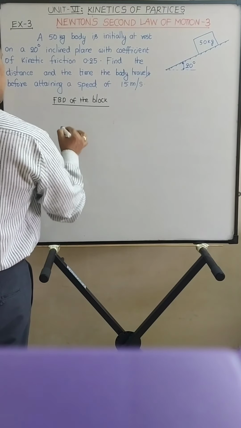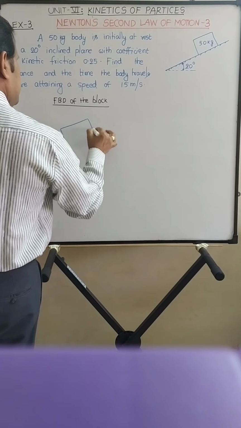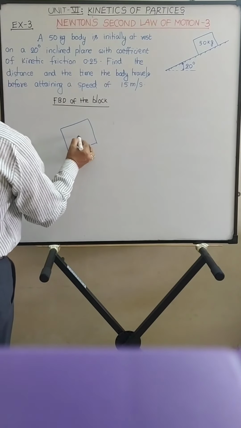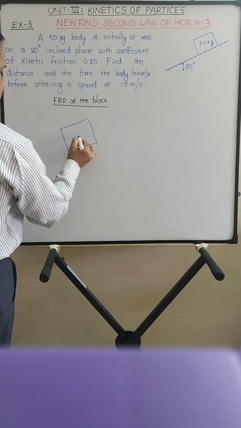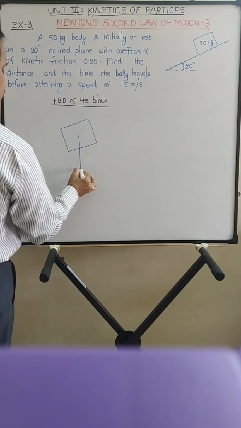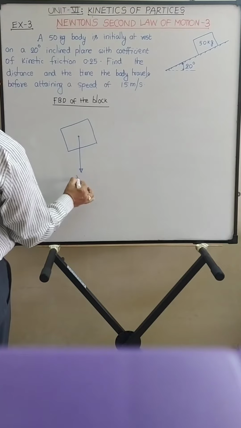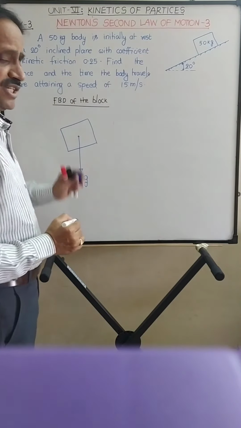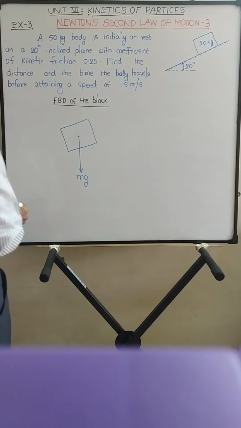So what are the forces acting on the body? Its mass is 50 kg. So there is a gravitational force which is acting vertically downwards, say mg. Weight is equal to mass into acceleration due to gravity.